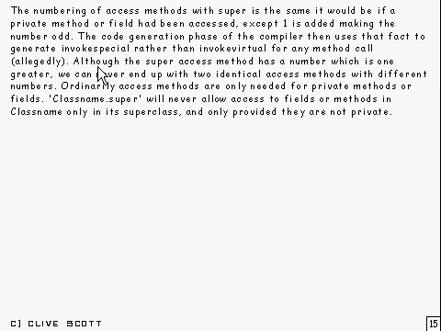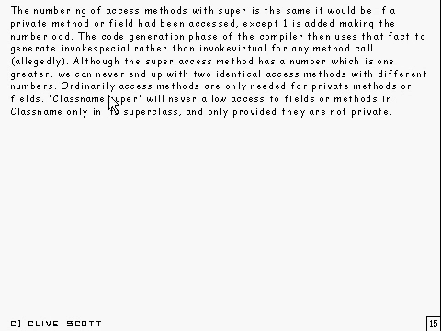Now, although the super access method has a number which is 1 greater, we can never end up with two identical access methods doing the same thing, that is, with different numbers.